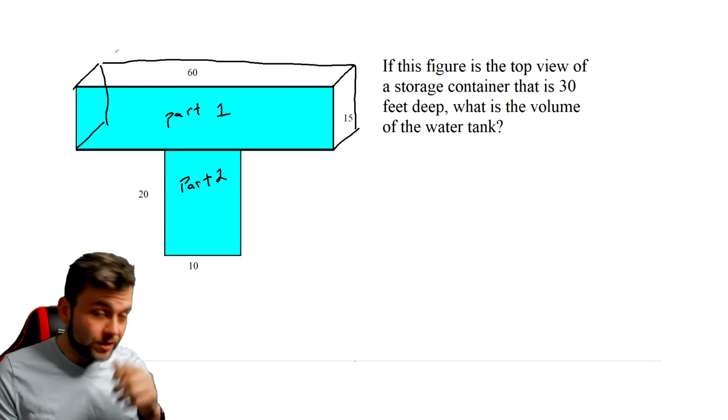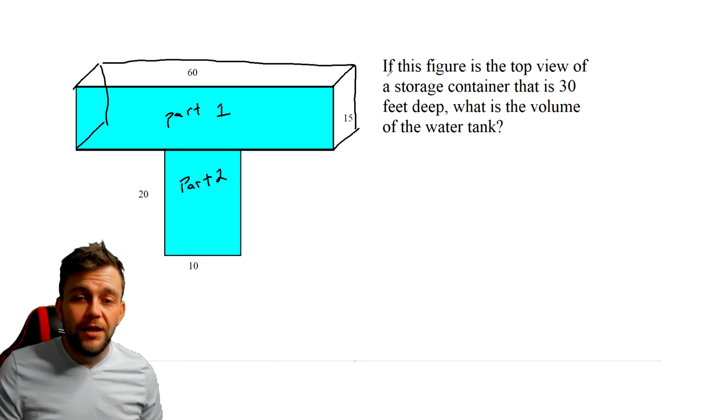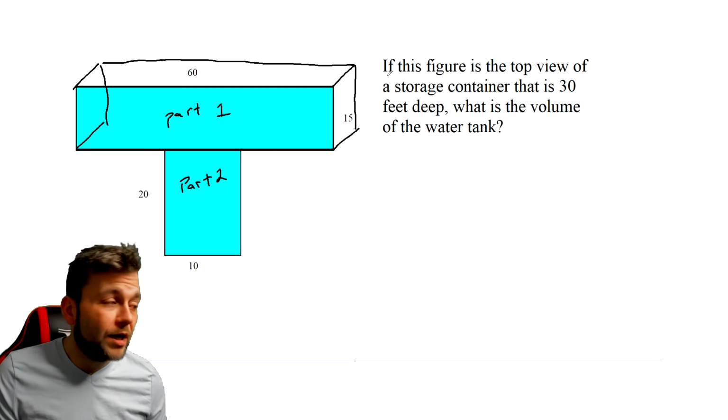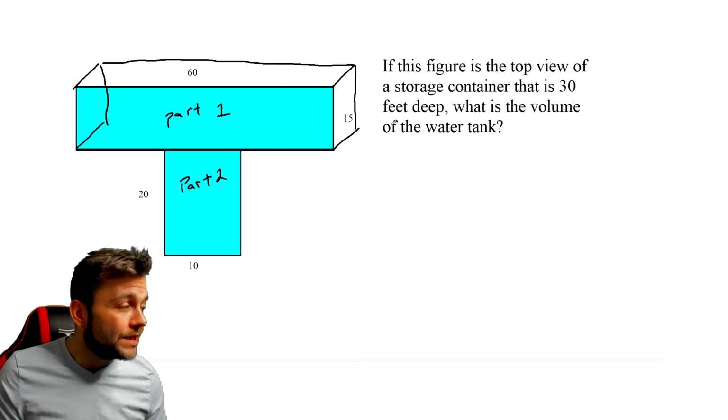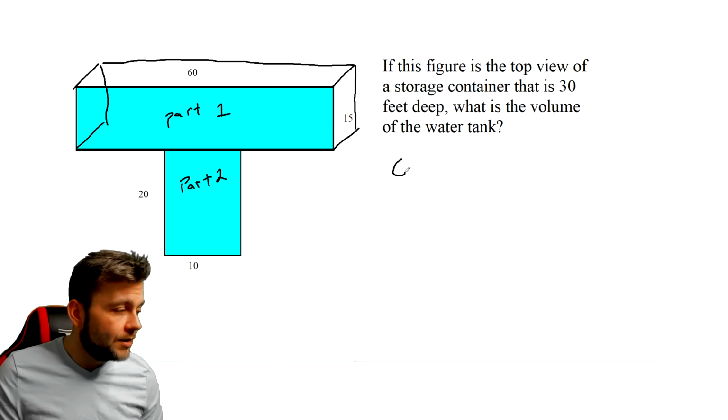Okay, so this is 30 feet up off of the ground, the height of it. But let's just get right into it. The first thing that you still want to do with this problem is find the area of this: 60 times 15 equals 900.